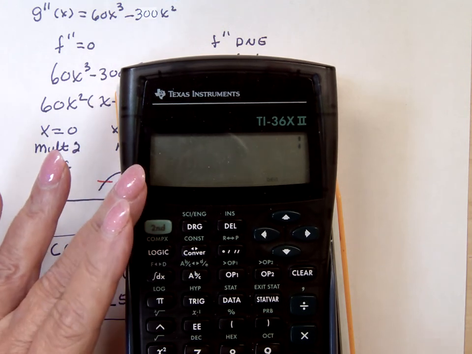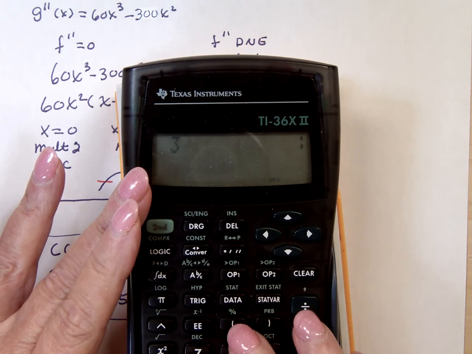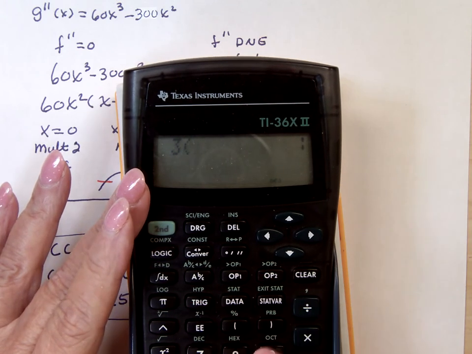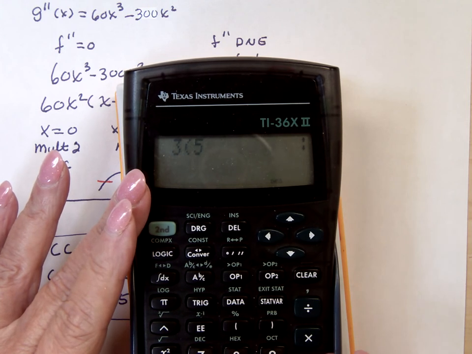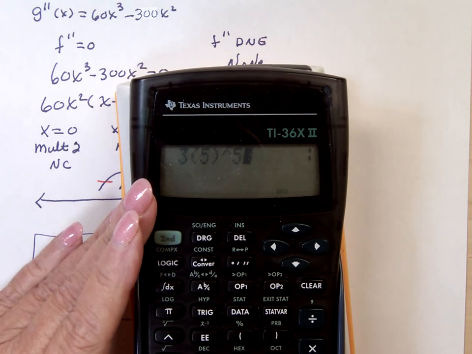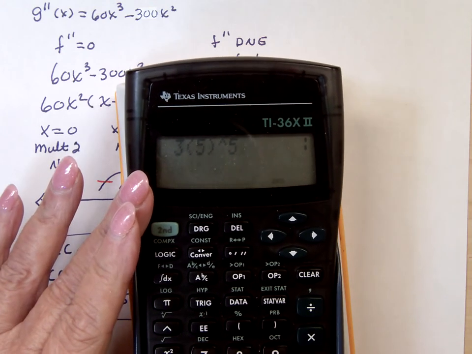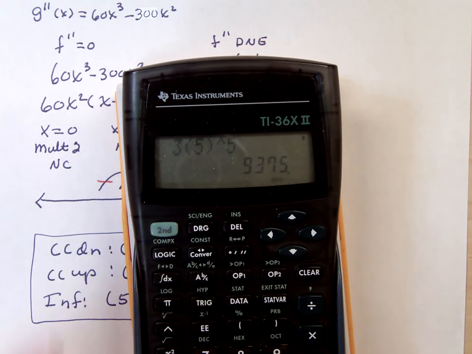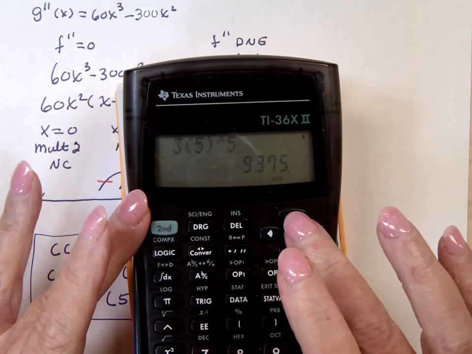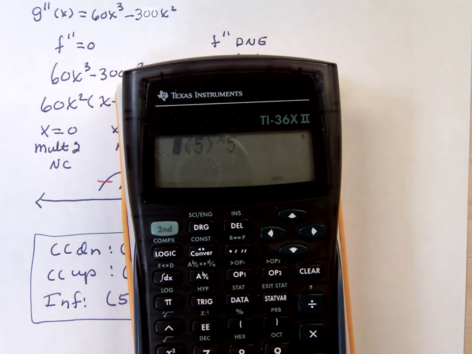But if I were to say 3 parenthesis 5 parenthesis to the 5th, and hopefully you can see a little bit of that anyway. There it is. I'm not going to take the whole thing out, but in order to bring it back to make changes, I just hit the up arrow. And what that does is bring it back.